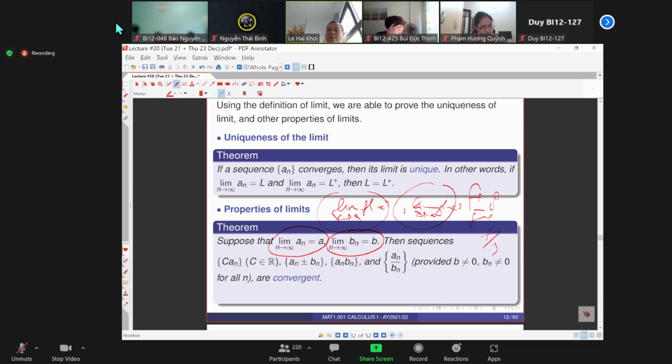The same here. If both sequence converge, then multiple, product, quotient, sum, difference. Quotient thì phải nhớ rằng là mẫu số phải khác 0 thì chúng ta mới có tỷ số này. All are convergent.